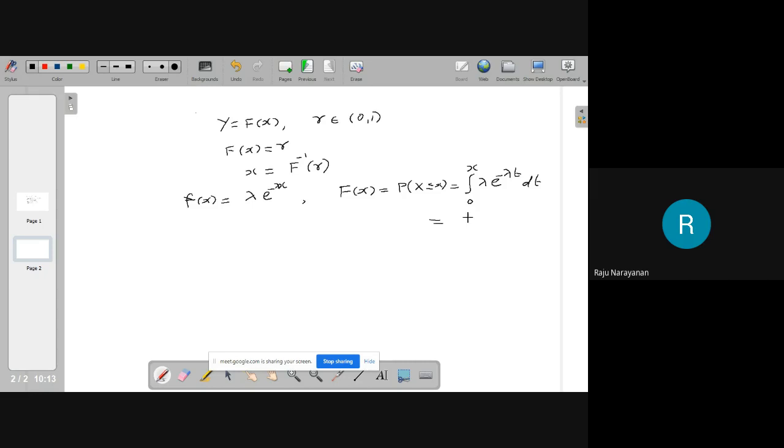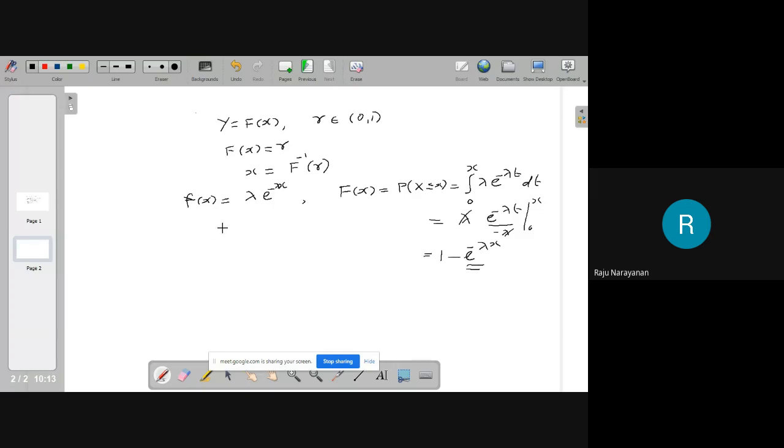Therefore, this is lambda e raised to minus lambda t divided by minus lambda, between 0 and x. When you substitute the upper limit, minus will come. When you substitute the lower limit, minus of minus will come. Then 1 minus e raised to minus lambda x is the distribution function.